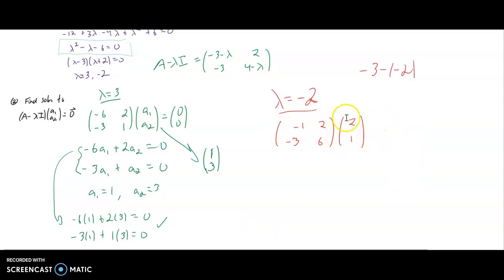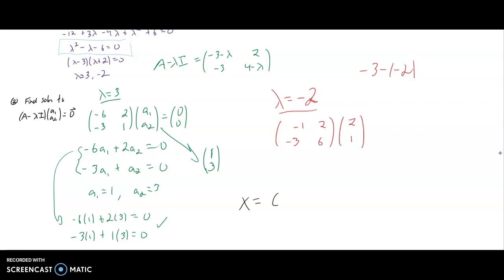Notice if I multiply across and down, I get 0 in the top row. And if I multiply across and down, I get 0 in the bottom row. So my eigenvectors are 1, 3, and that goes with the eigenvalue of 3. And then my other eigenvector is 2, 1, and that goes with the eigenvalue of -2. So the final part of this question is to write the solution out.